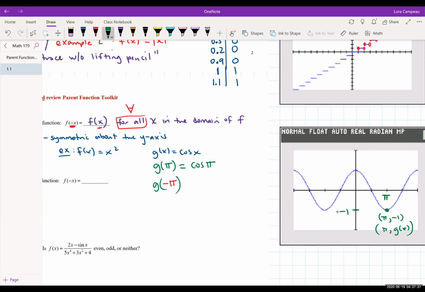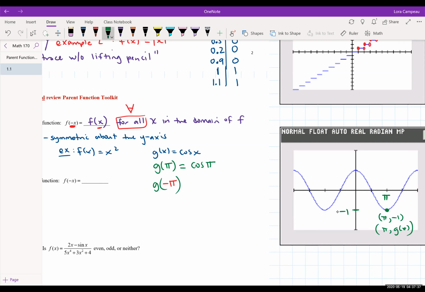I should be a little bit more careful with my notation. Okay, so the function evaluated at pi over 2, that sine of pi over 2, that's actually equal to positive 1. So what they're trying to tell you is that if you have a y value on the function, its opposite y value will also be on the function.